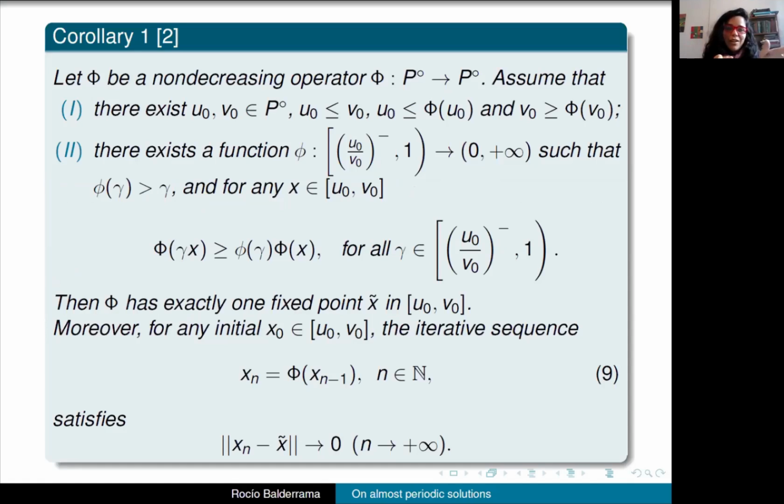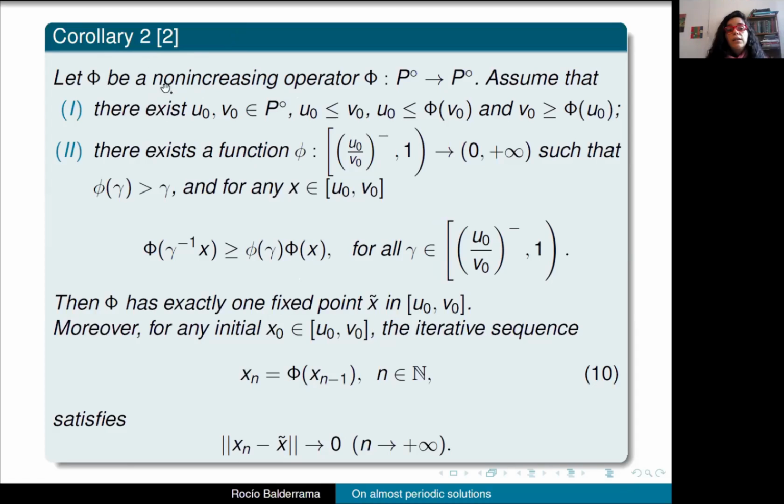So corollary one is the same as the theorem, but instead of being an operator in two variables, it is in only one variable, and corollary two is non-increasing. It's like cutting the mixed monotone operator in the middle, and from this we obtain two corollaries. The first one is with the non-decreasing operator, and the same thing, only in one variable.